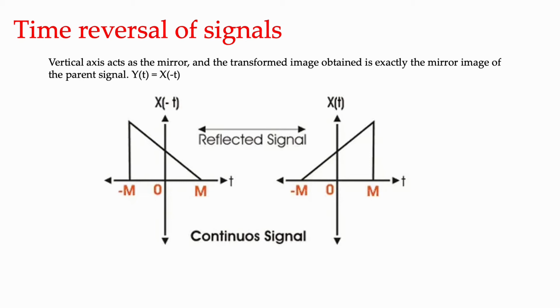Now y of t is mathematically represented as y of t equal to x of minus t. So the minus is nothing but mirror image. Look at the example. If I keep the mirror, this will be reflected here, and this will be reflected into this side. This is called a time reversal signal.